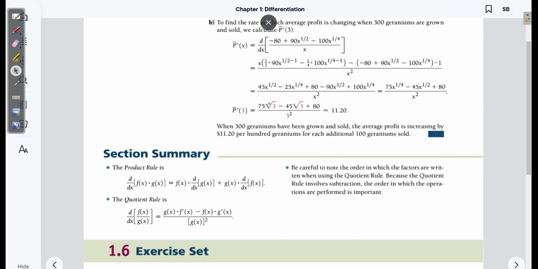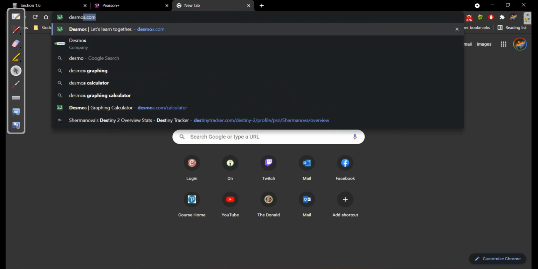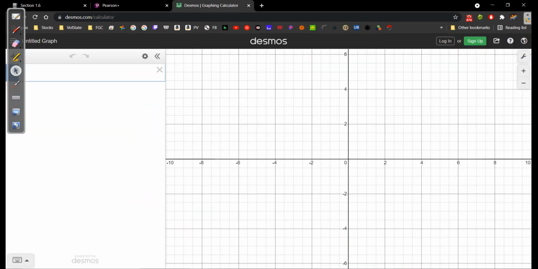Okay, so really quickly, I have this down on my other computer, so we're gonna put this on this computer real quick. Desmos. Okay, so it was negative 80. I meant to do this before lecture.